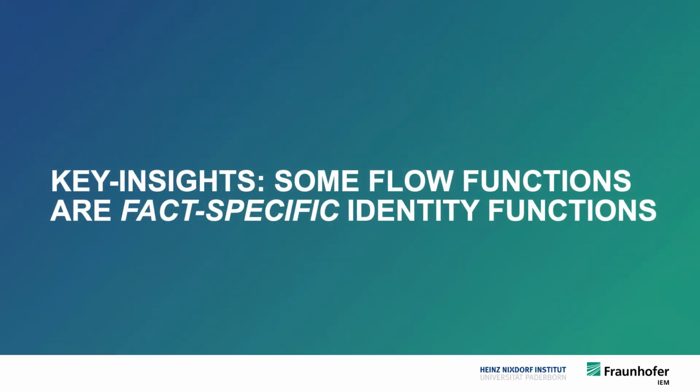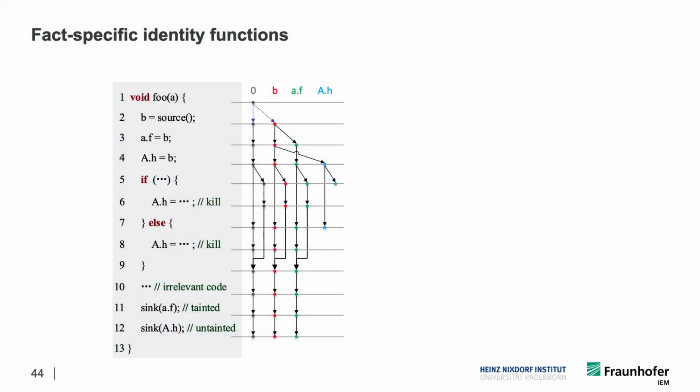And the key insight of this work is really that some flow functions, in particular in this IFDS style of propagation, are fact-specific identity functions. What do the authors mean by this? Let's take a look at the original dense propagation again, right? Then maybe, for instance, we can pick out this particular case here.